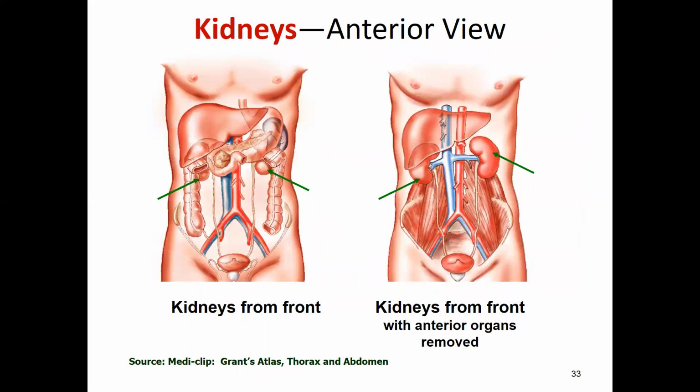A similar anatomy slide that we saw before. The green arrows here are pointing to the kidneys again. On the left, this shows the lower pole of the kidneys in relation to the other organs. And on the right, the organs have been removed, and you can see in one kidney, the adrenal gland sitting on top.